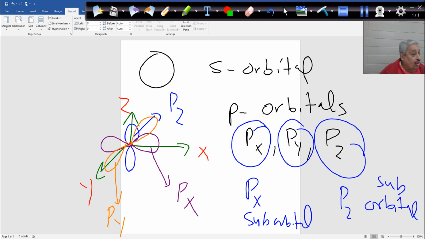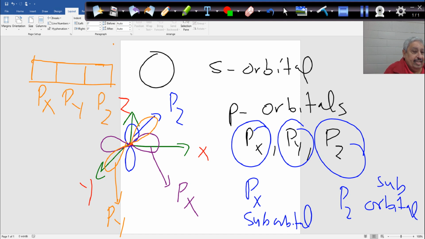So if I have a p orbital, it is divided into 3 equal suborbitals: Px, Py, Pz. That type of drawing we call an orbital diagram.